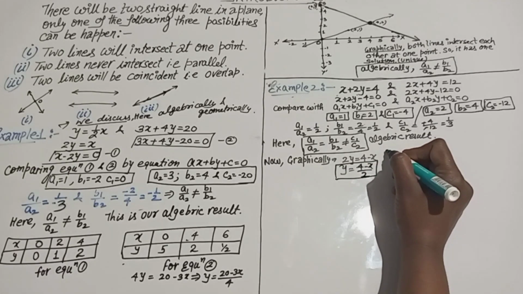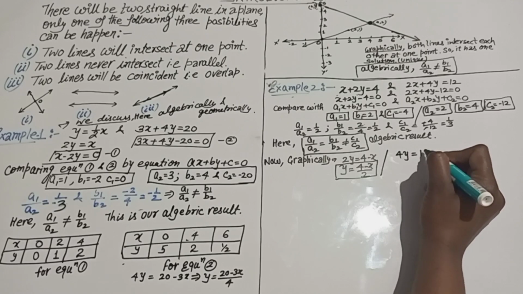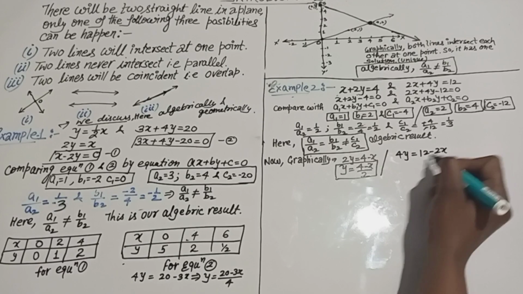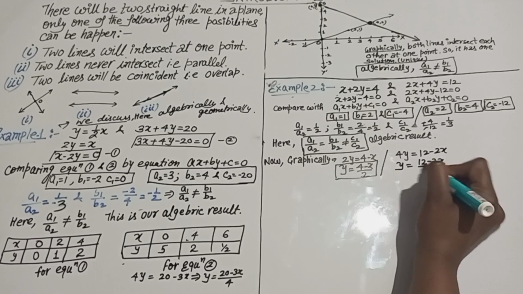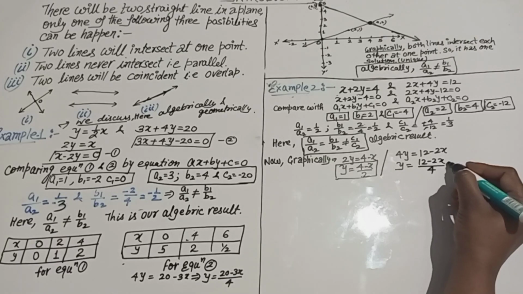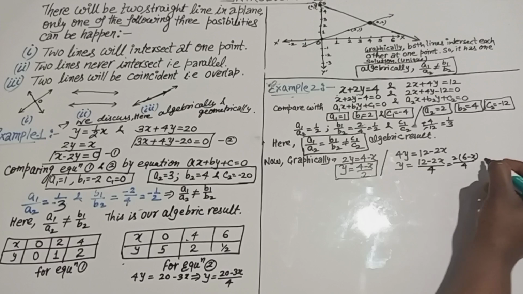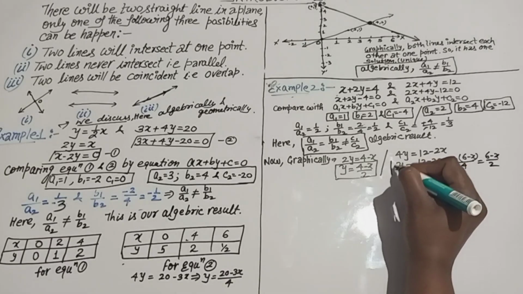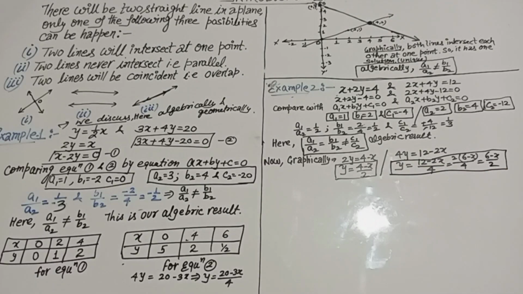So here 4y is equal to 12 minus 2x. So y is equal to (12 minus 2x) upon 4. Okay, so when 2 is common, so (6 minus x) upon 2.